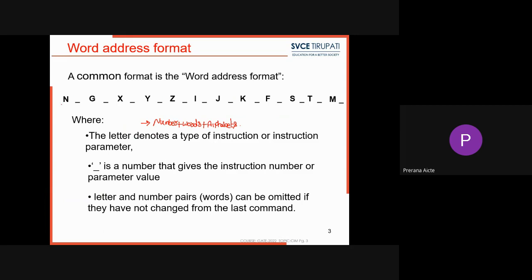Let us see the combination that CNC programming consists of. First is the N code, which is nothing but a sequential number. Next one is the G code, which is nothing but preparatory codes.